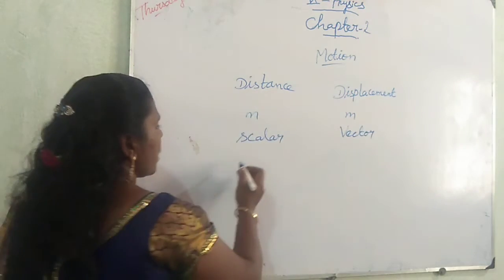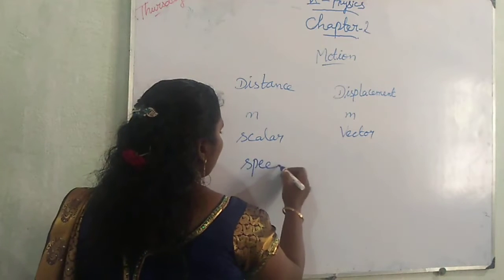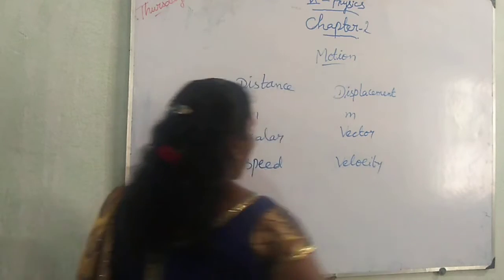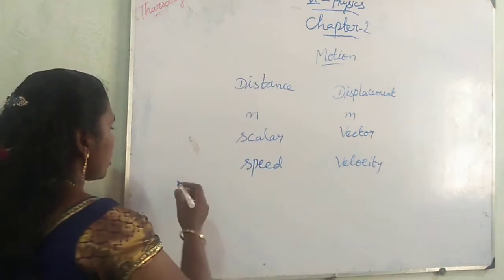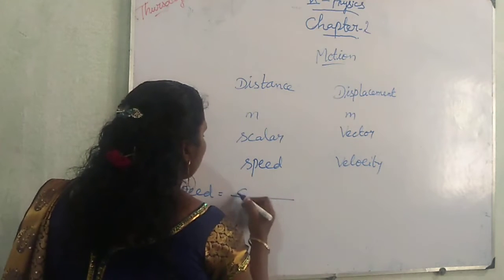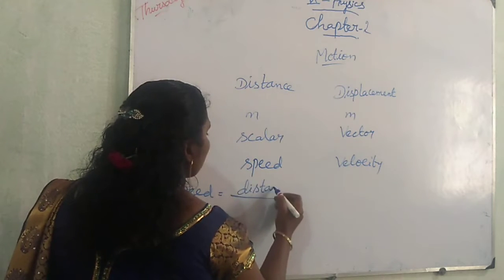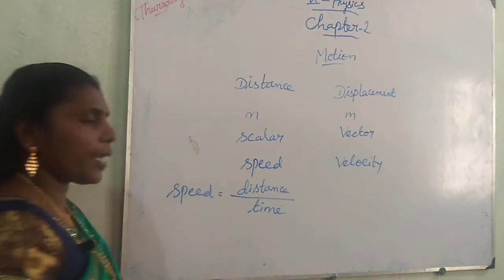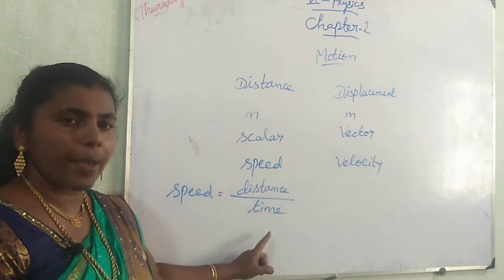Next is speed and velocity. Now look at speed. The formula for speed: speed equals distance divided by time. What is the formula for speed? Distance divided by time.